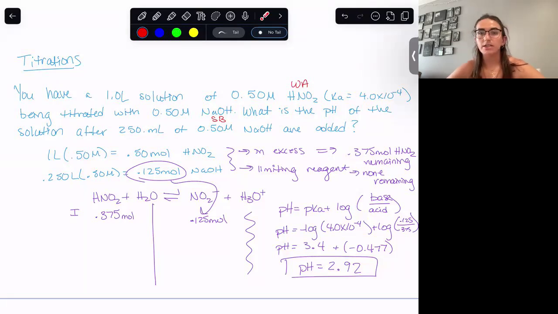What I'm talking about is the half equivalence point, and that's when your moles of conjugate base is equal to your weak acid. And these are the same here in the Henderson-Hasselbalch. Those are 1-to-1, therefore making it log of 1, which is 0. So your pH equals your pKa, and that's the half equivalence. Yes. Yep, the weak components of the buffer equal each other at the half equivalence point.